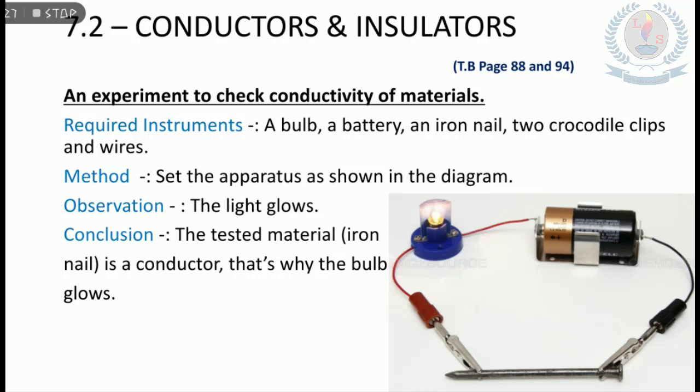Using these electrical components, we can set the apparatus as shown in the diagram. Here the main point which I want to emphasize is the bulb will light up if the tested substance is a conductor only, whereas if the tested substance is an insulator, the bulb will not light up.